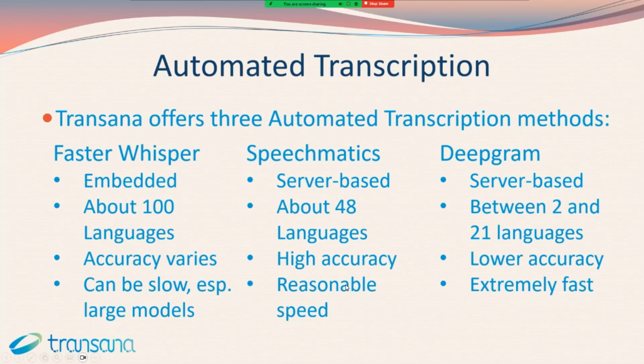Speechmatics wins in terms of transcription quality, and DeepGram wins in terms of speed. Speechmatics comes in a reasonable second, and Faster Whisper varies a lot depending on which model you select. If you have really good quality data and can choose a smaller model, that will cut down your processing time considerably.